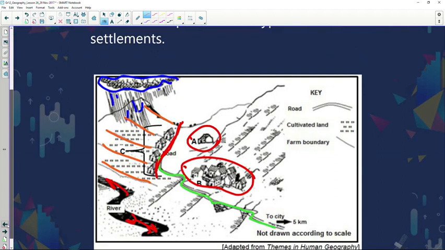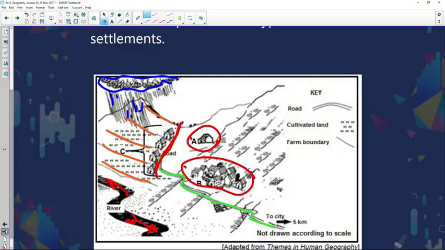First of all, they should not farm on steep slopes because it's going to create runoff. And if they practice the wrong farming methods, what's going to happen with the topsoil? It's going to be washed away. Okay, and if they practice monoculture, planting the same crop over and over, it means the soil is going to lose its nutrients. So it makes it even easier for soil erosion to take place.